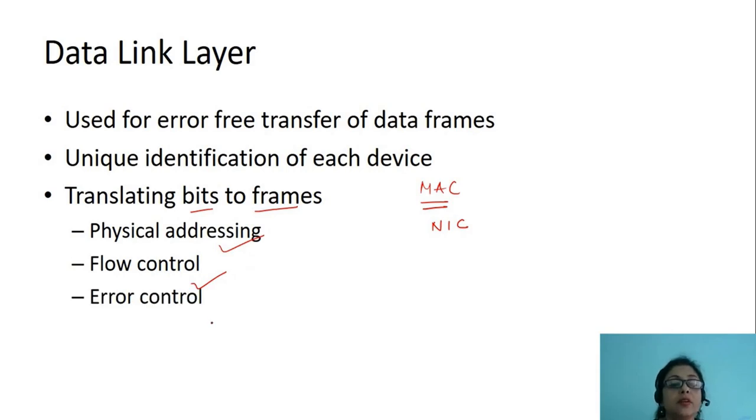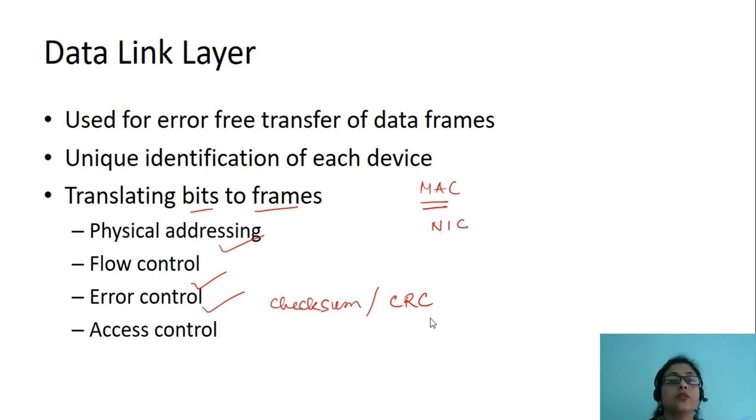Then error control also happens from one node to the other node, and here it uses various checksums, or it can use cyclic redundancy check. So these are the error control mechanisms that are used at the data link layer. It is also the function of the data link layer for access control.